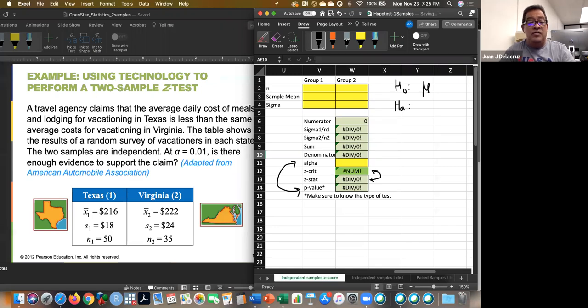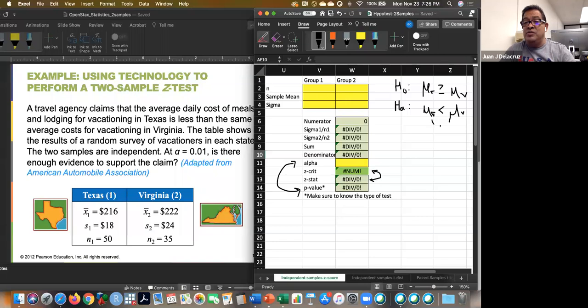So the mean of Texas compared to the mean of Virginia. In the two cases, mu of Texas versus the mu of Virginia. And the thing is, Texas is less than the value of Virginia. So the counter argument is going to be greater than or equal to.